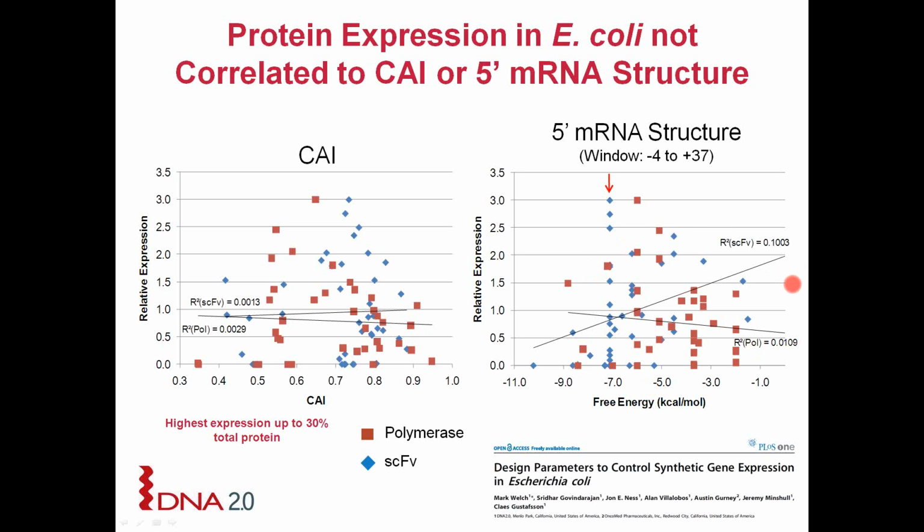But again, other studies, Kudla and others, have shown that RNA structure is important. We're not seeing that in this set, and that just turns out to be a quirk of the particular proteins that we studied. The propensity to form RNA structure is highly dependent on the amino acid sequence of the N-terminus of the protein, and it just turns out that our genes didn't sample strong structures.